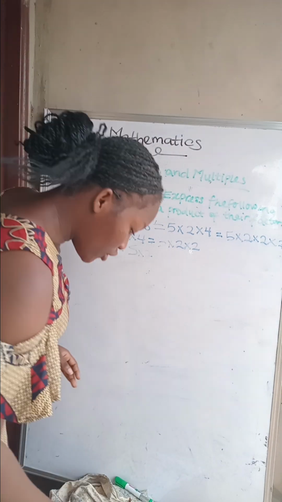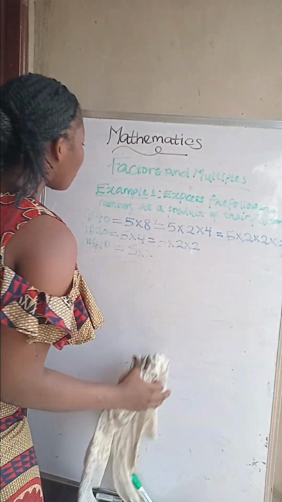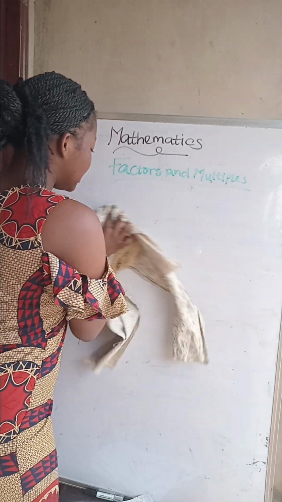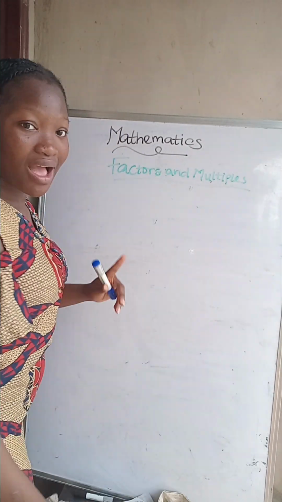Now, prime numbers have only two factors, and that's the number itself and 1.